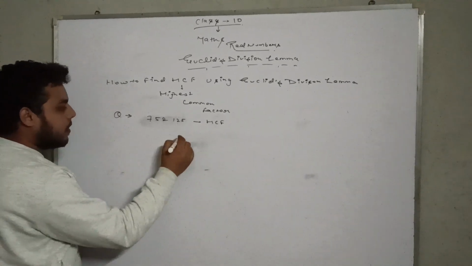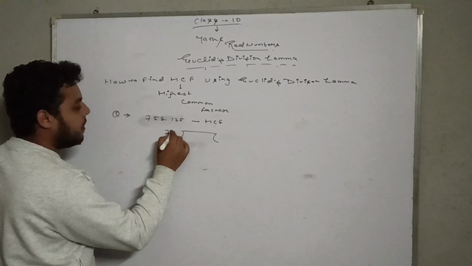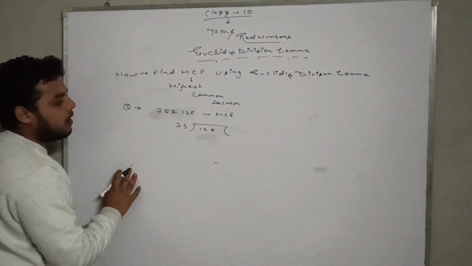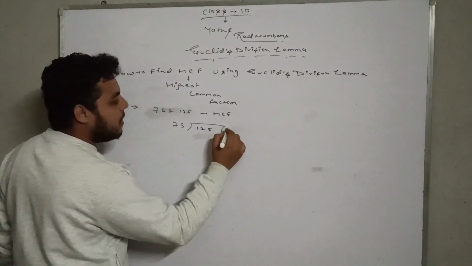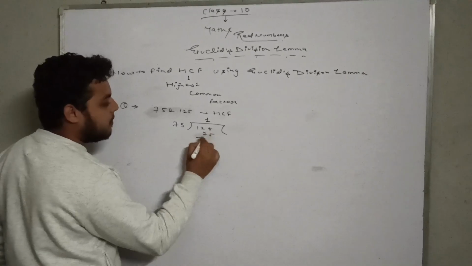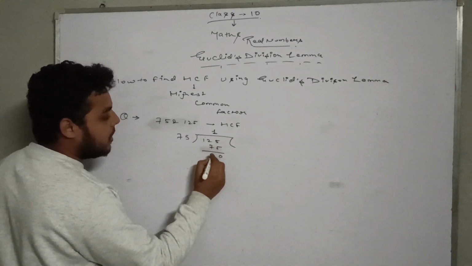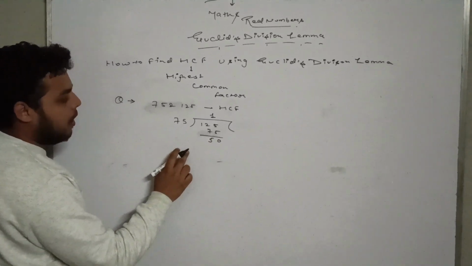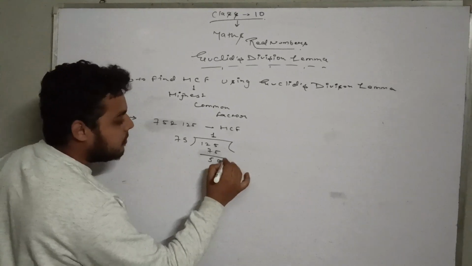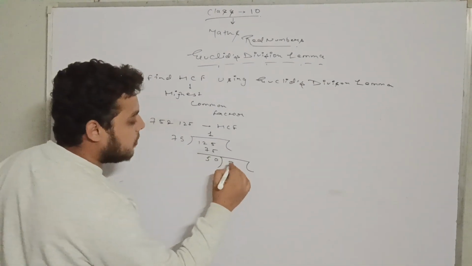What we are going to do is make 75 our divisor and 125 our dividend. Just like normal division, we attempt this. Now the remainder of the first division becomes the divisor, and the divisor of the first division becomes the dividend.